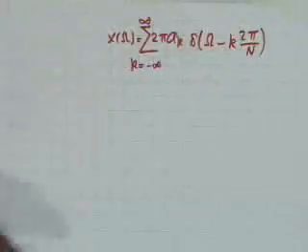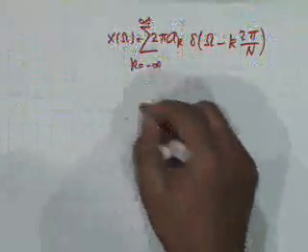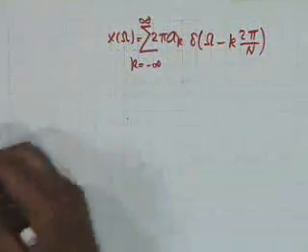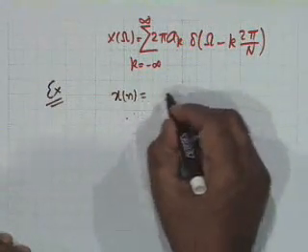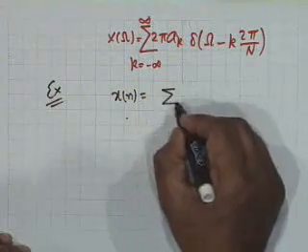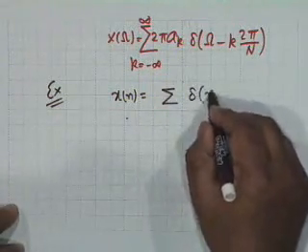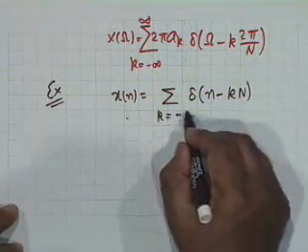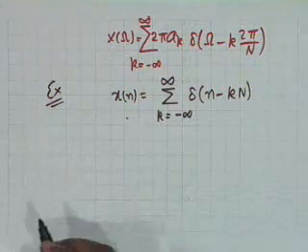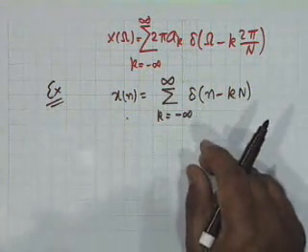Let's consider an example. We consider an example of x of n as a chain of discrete time impulses, that is delta n minus kn, where k goes from minus infinity to plus infinity. This is a periodic function of period capital N. All right.